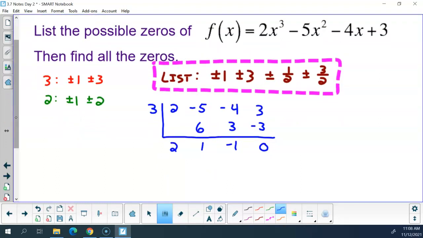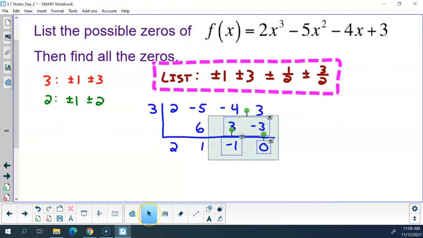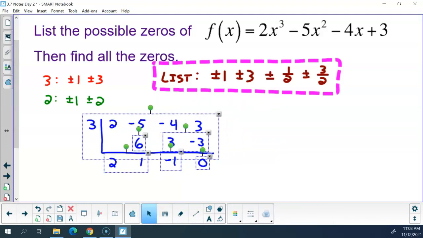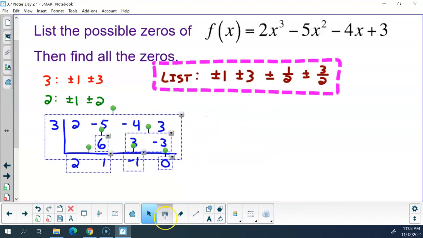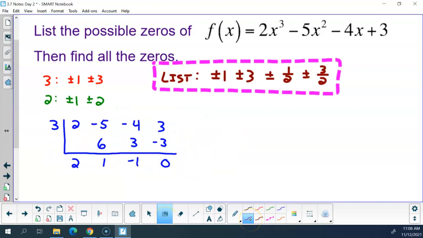Okay? I'm actually going to move it, though. I love it so much, I'm going to move it. What does that mean? 3 is a 0, which means what? Which means what? It is a factor.